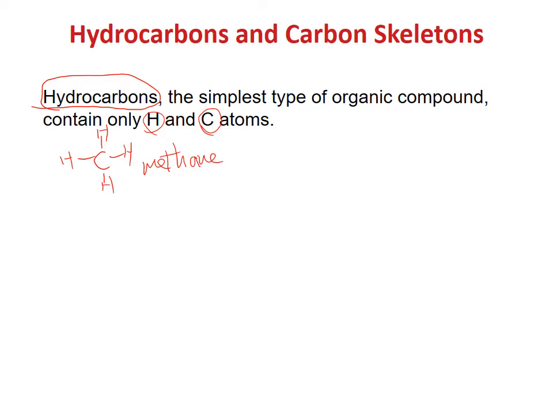The next one is the compound with 2 carbons. These 2 carbons bond to each other, and because each carbon should have 4 bonds, each carbon now has 3 extra bonds that bond to hydrogen. And this is called ethane.